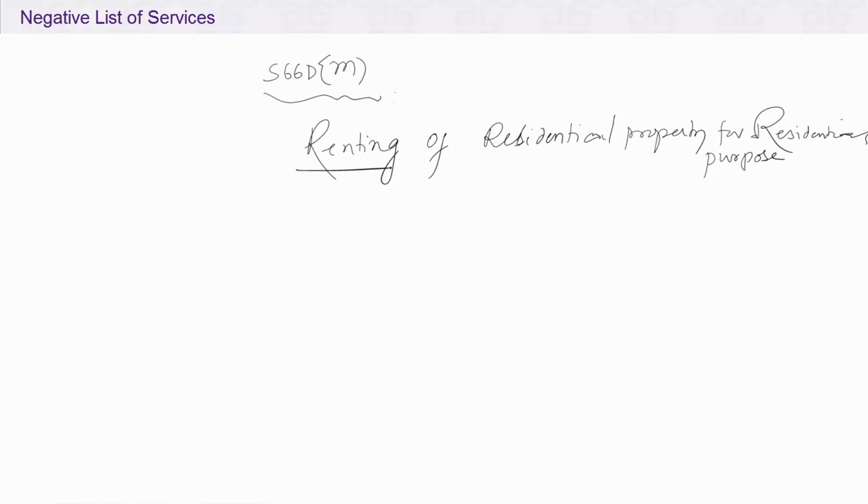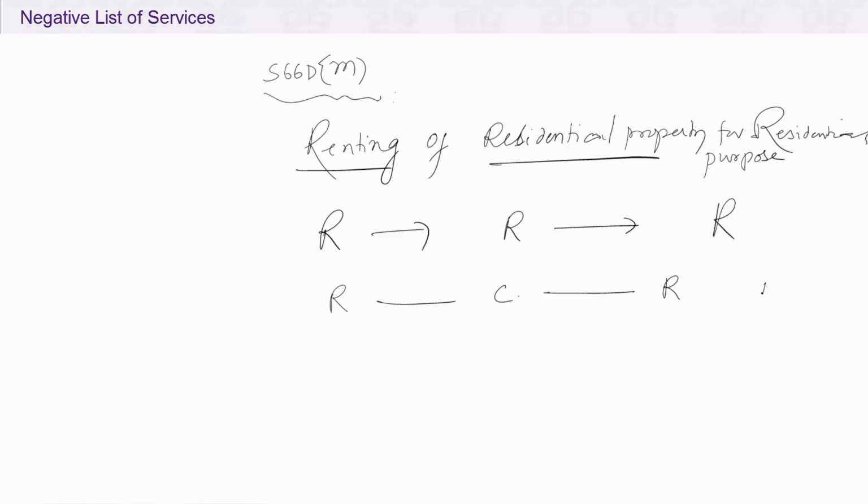You see, it should be renting and it should be a residential property and it should be given for residential purpose. 3R, RRR. Suppose renting is there, but a commercial property, this is a commercial property given for residential purpose. So this is taxable. Why? Because it is not residential property, it is commercial property.